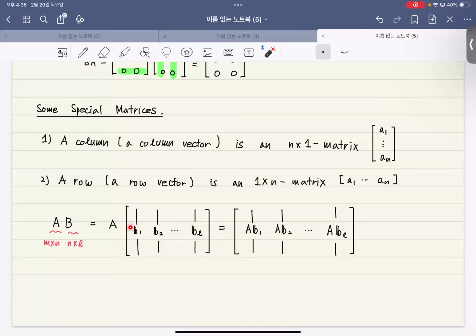And what is the dimension of this B1? This is n by 1, right? So m by n multiplied by n by 1 gives m by 1. In other words, this is an m-dimensional column vector. So the resulting matrix AB can be viewed as a collection of l m-dimensional columns. Okay?